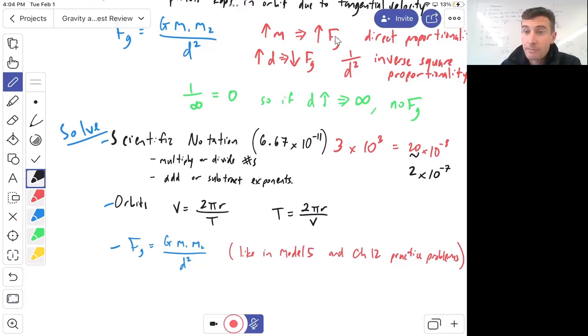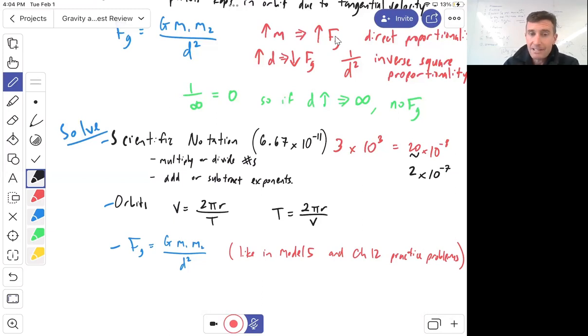We'll be asked to solve some orbits. So you can solve for the orbital velocity using 2 pi r over t. That's a distance over time, where the distance is the circumference over the orbital period. You could also solve for the orbital period using 2 pi r over v, 2 pi r being the distance of the circumference divided by the orbital velocity.